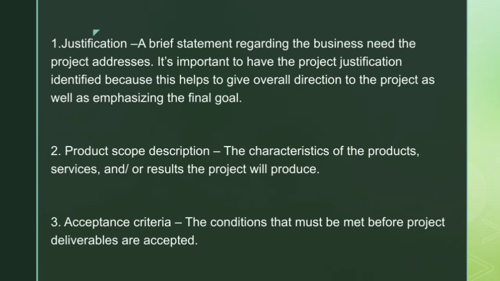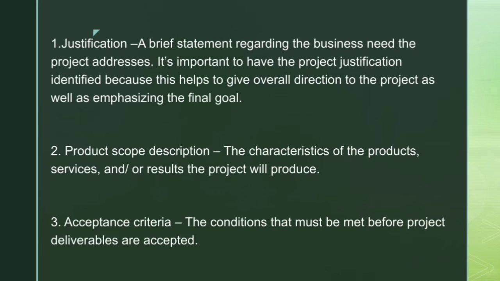So when we talk about justification, it is a succinct description of the business requirements that the initiative fulfills. It's critical to identify the project's justification since doing so emphasizes the project's end aim and gives the project overall direction. And number 2 is product scope description.